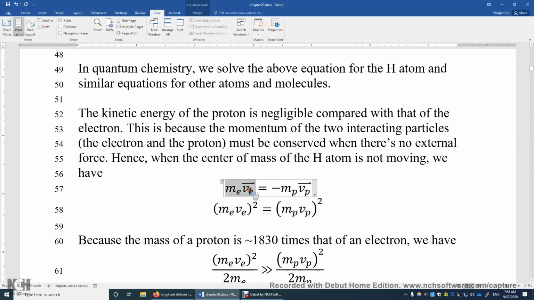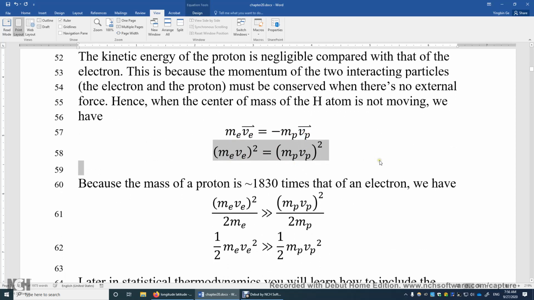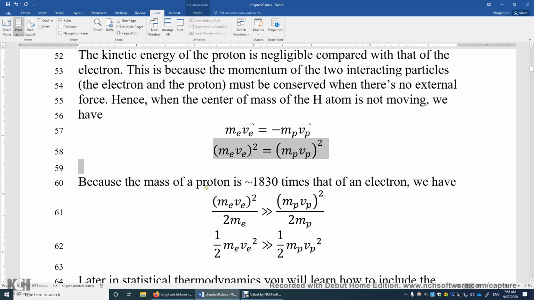Then we have this conservation of momentum. So mv of the electron is negative mv of the proton, or the nucleus of the hydrogen atom. And then we can square both sides. We get this equation. And because the mass of the proton is 1800 times that of the electron, we have this inequality here.